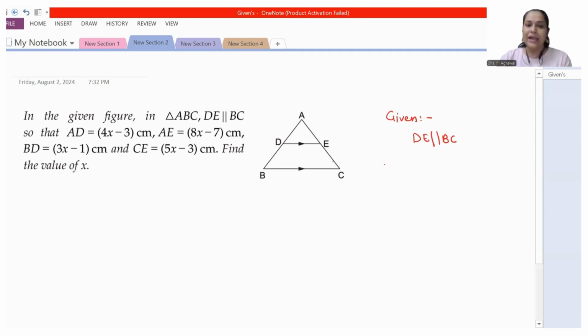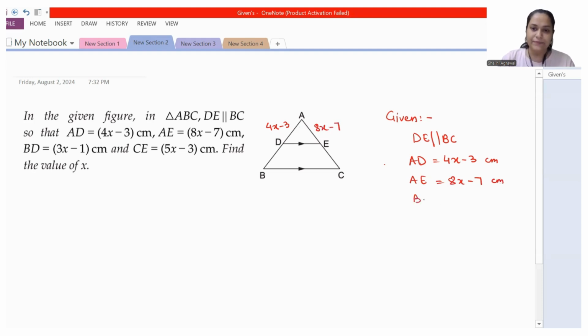And next, AD. What is AD? It is 4x minus 3 centimeter. So I'll write 4x minus 3 here so that I can clearly see the picture and solve my problem. Now AE is 8x minus 7 centimeter.